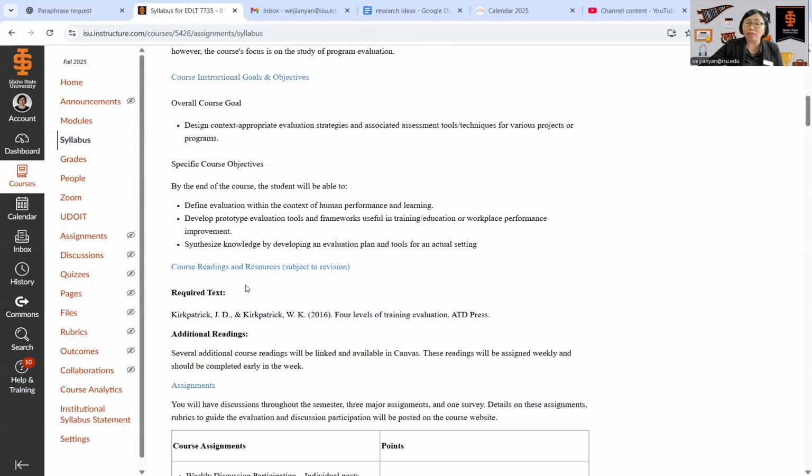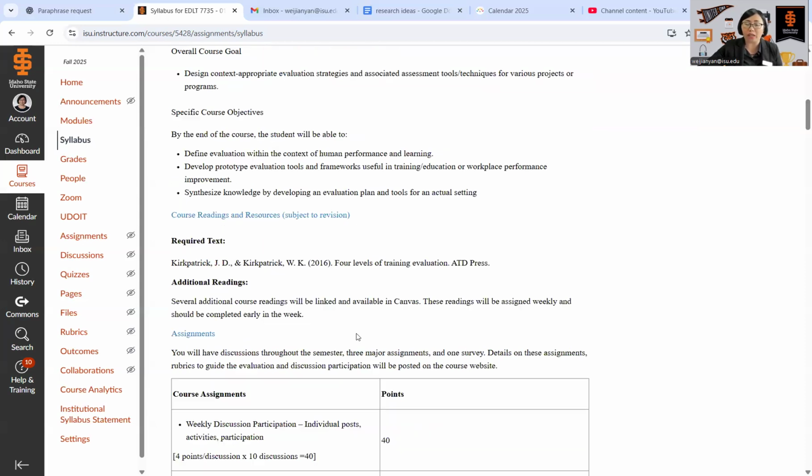We have the textbook uploaded in the Canvas. You can download it. I strongly recommend you download it for the sake of convenience. Not only will the textbook be used as a foundational resource, we have also provided you a lot of additional readings.